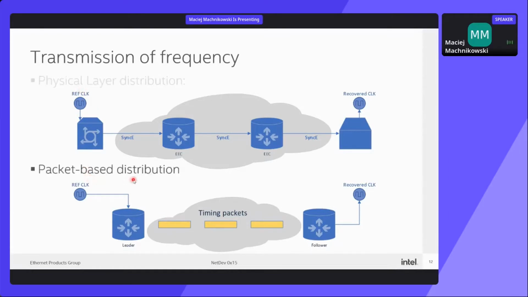And if it comes to packet layer distribution, we connect the reference clock to the leader or a grandmaster, and then send the packets throughout the network and somehow try to match the frequency on the follower side to allow recovering it on the other side.